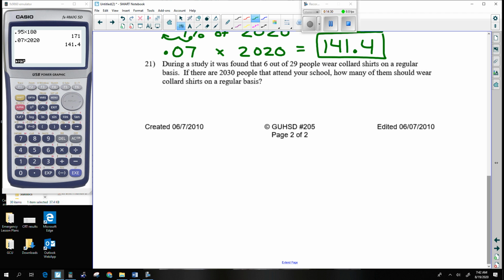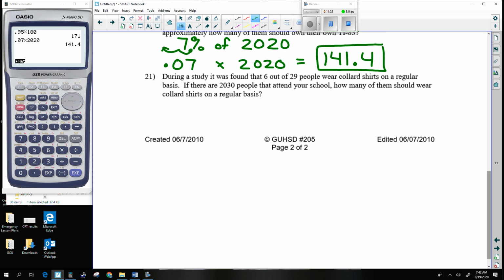Last but not least, number 21. During a study, it was found that 6 out of 29 people wear collared shirts on a regular basis. If there's 2,030 people that attend your school, how many of them should wear collared shirts on a regular basis? So the first thing we do is we construct a percentage, and that's 6 out of 29.